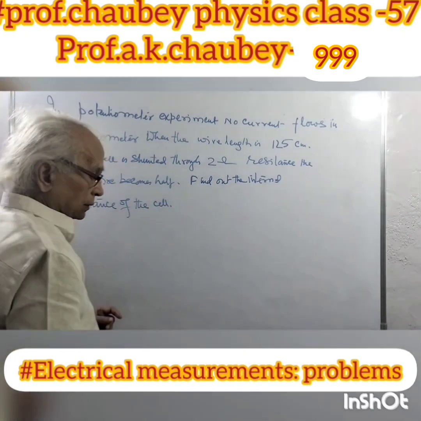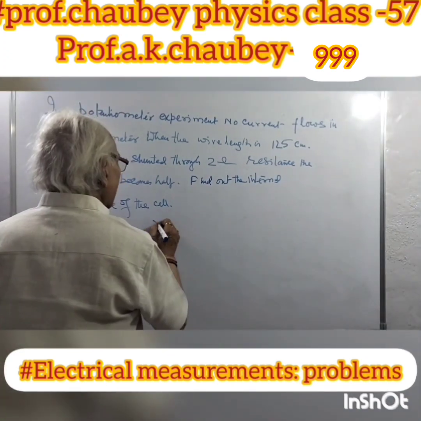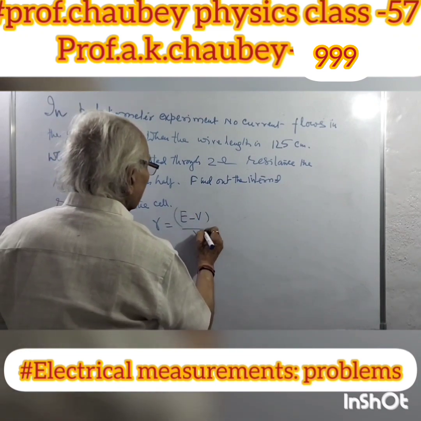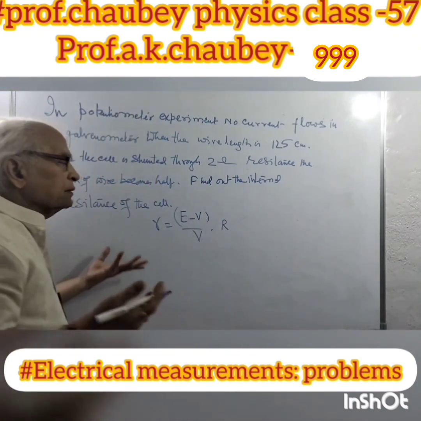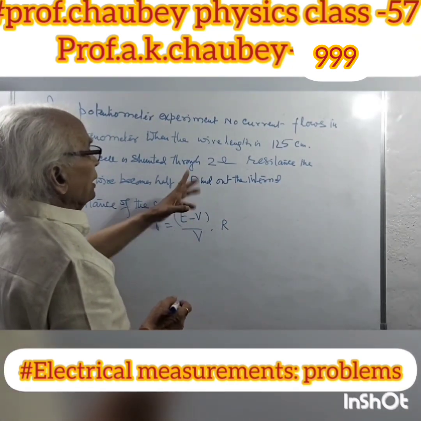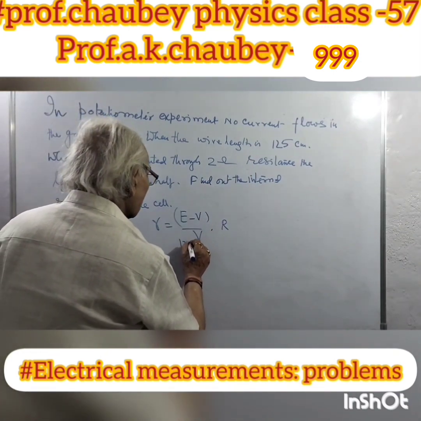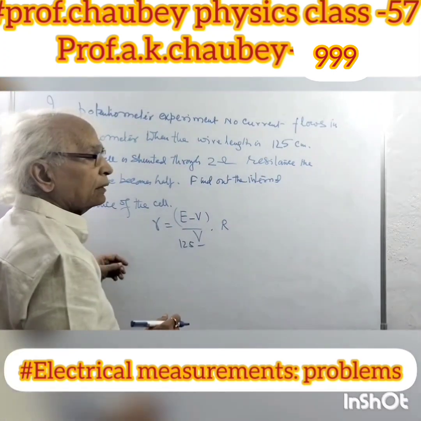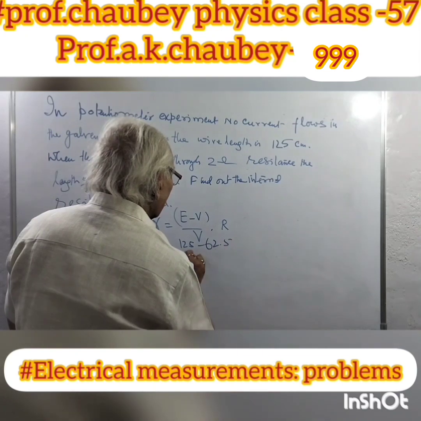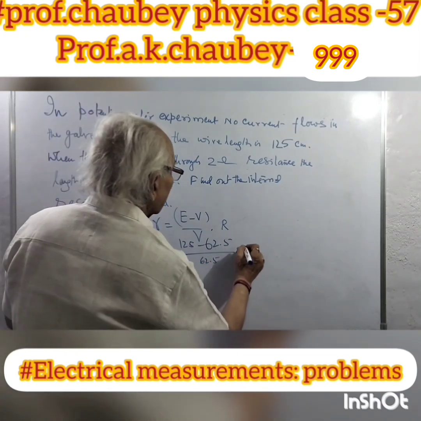So what do we do? We just use the well-known formula that r is equal to (E minus V) over V into R, where R is the shunt resistance. Apply this for internal resistance, and these are proportional to length. So E is proportional to 125, minus V, which is half of 125, that is 62.5, divided by V, 62.5, and R is 2 ohm.